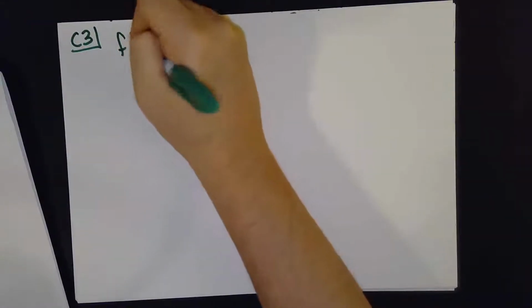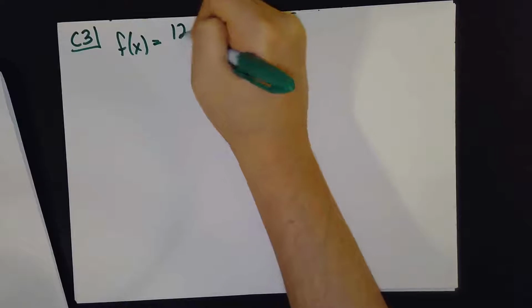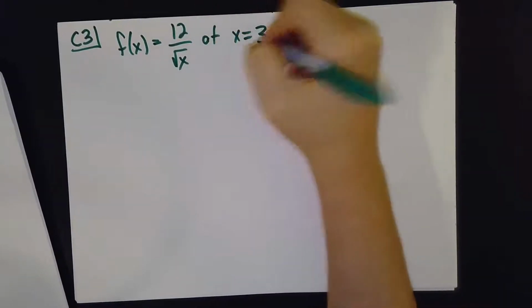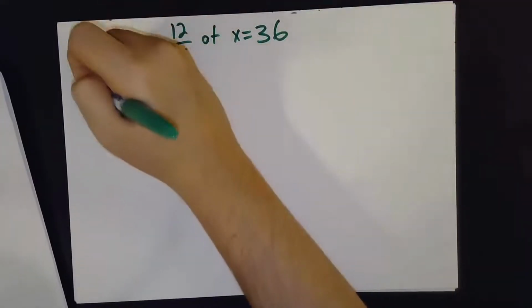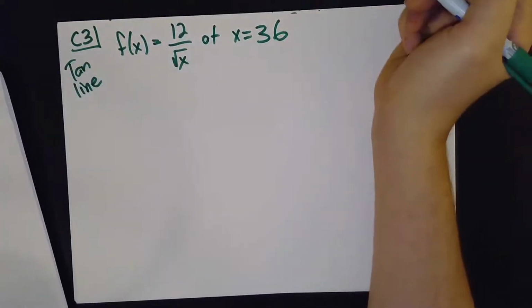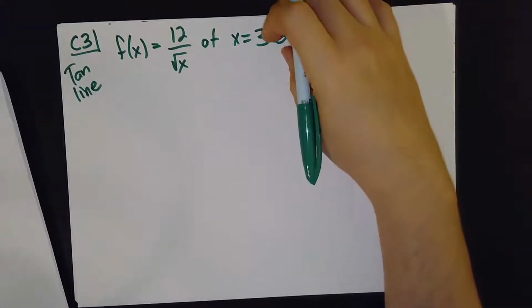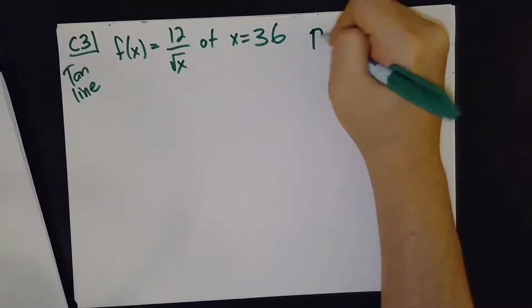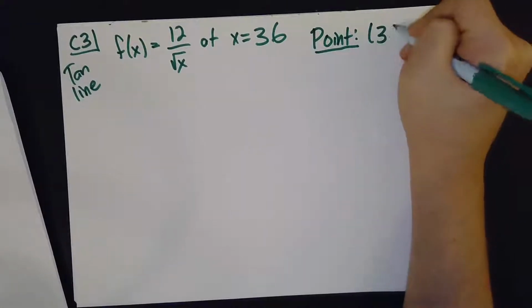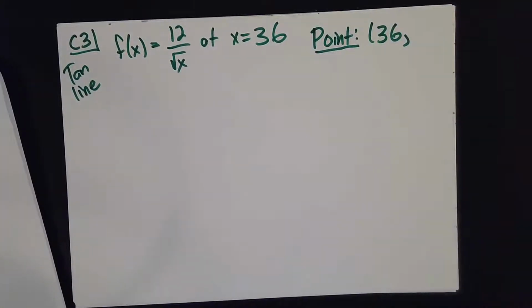Okay, so here's our function. Oh, and we want the tangent line. Okay. So before we delve any deeper, let's write down our point. The x-coordinate is 36.